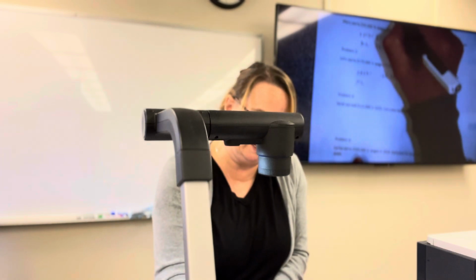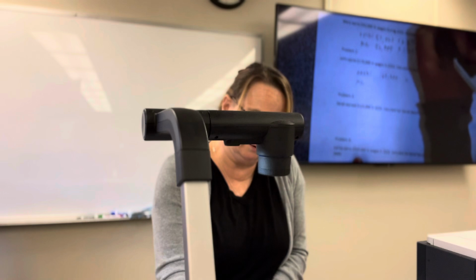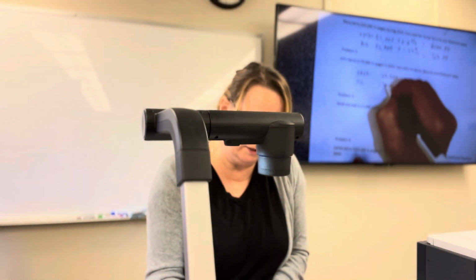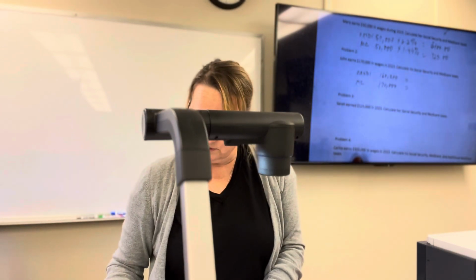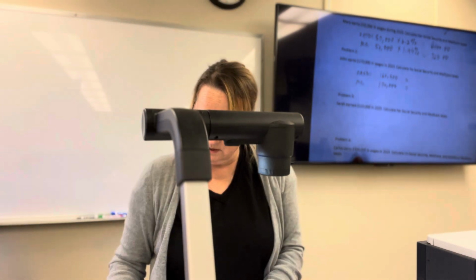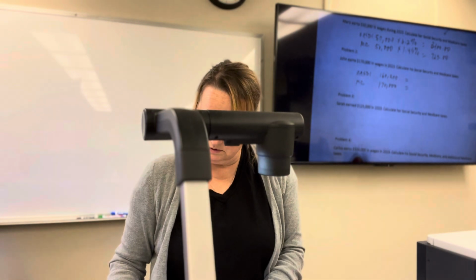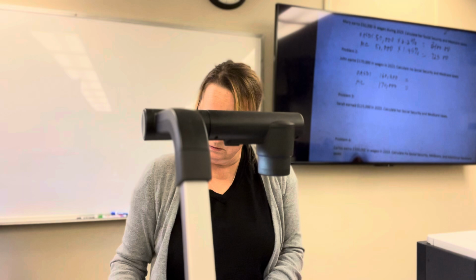And remember, we've got our base times our rate equals our tax. All of it. So 170. For Medicare purposes, the base is 170,000. For Social Security purposes, the base is 160,200 times 0.062.